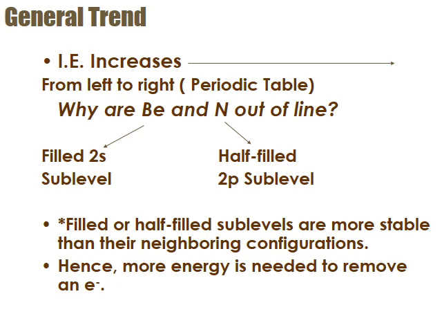If you have filled or half-filled sublevels, they're more stable than the neighboring configurations, and accordingly their ionization energy would be more in comparison with neighboring elements. So if you think about beryllium and nitrogen electron configuration, beryllium has a filled 2s subshell, whereas nitrogen has a half-filled 2p subshell, which we are going to show you next.